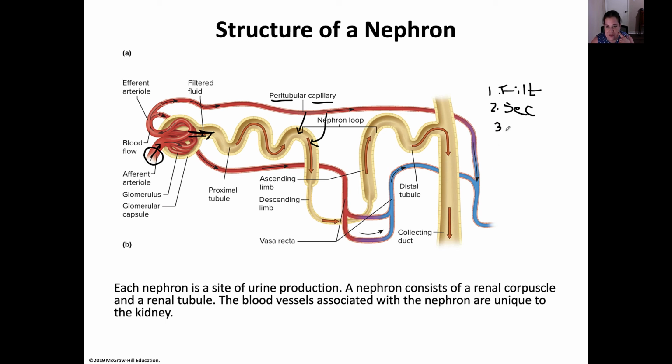And then the third thing is called absorption, normally called reabsorption. Reabsorption is anything that you filtered out that you want to keep, you send back to the peritubular capillaries. So that's why they're important. Reabsorption is reabsorbing back into the blood. Secretion is sending to the tubule after filtration.